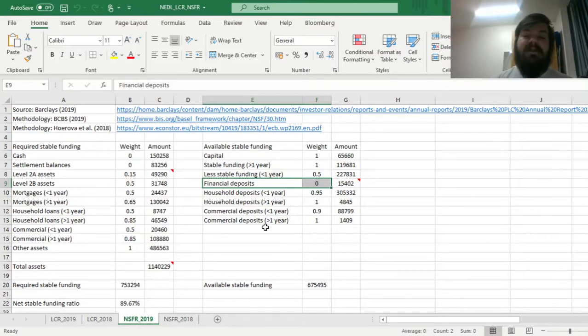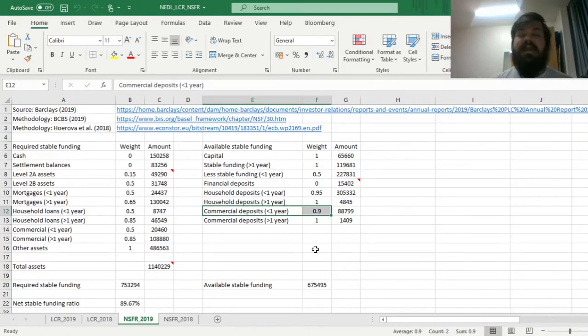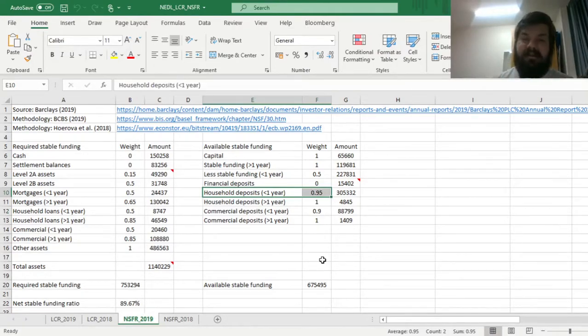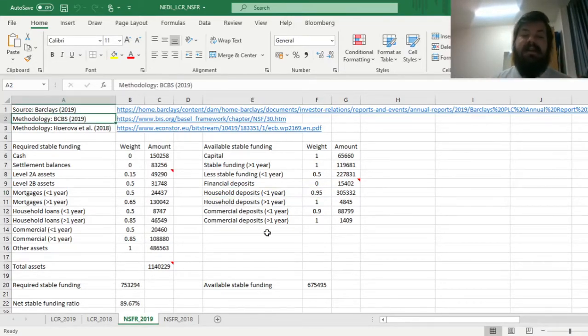And also we have less stable funding categories that are generally just categories of less than a year. So, for example, commercial deposits go there with a factor of 0.9, meaning that they are quite less stable than longer term deposits from non-financial corporations, while household deposits with maturity less than a year go in with a weight of 0.95. And this reflects two sources of stability that Basel considers important.